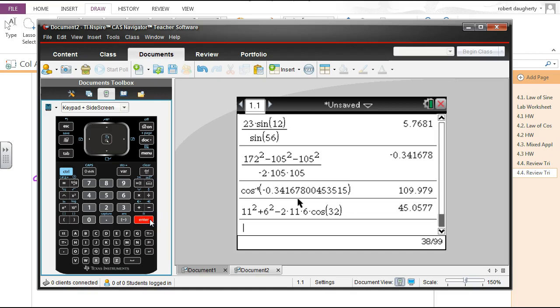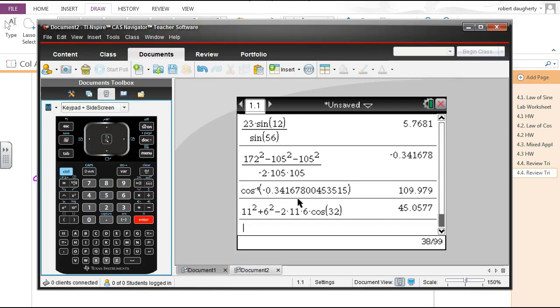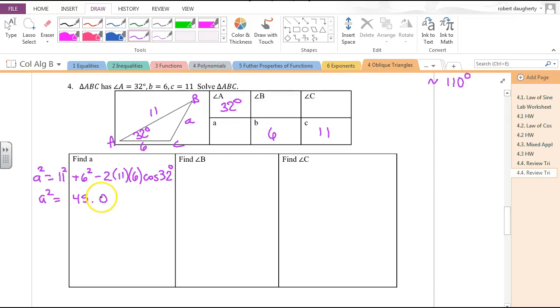That is 45.0577. So A squared equals 45.0577. That means that A is equal to the square root of that.